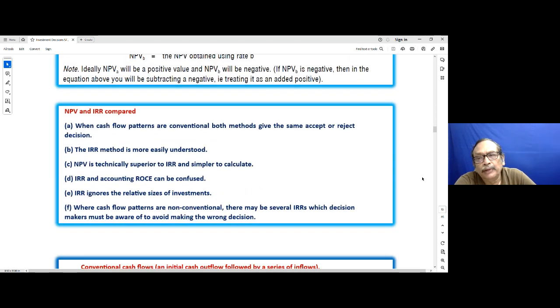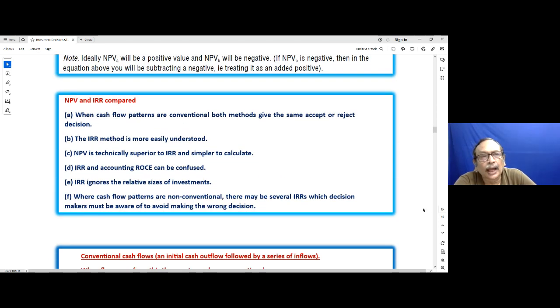So in the context of NPV and IRR comparison, when cash flow patterns are conventional, both methods give the same accept or reject decision. The IRR method is more easily understood. NPV is technically superior to IRR and simpler to calculate.